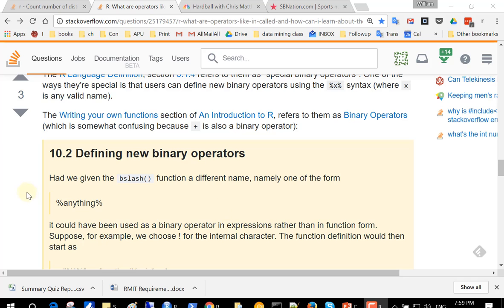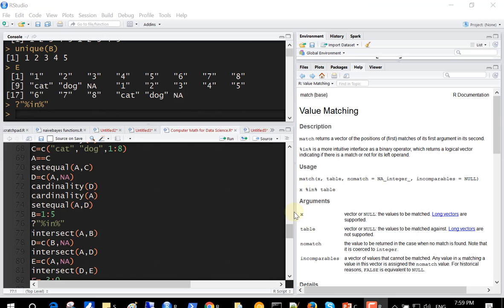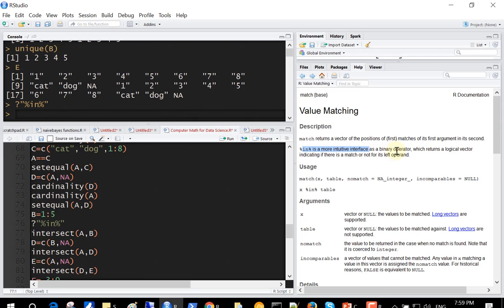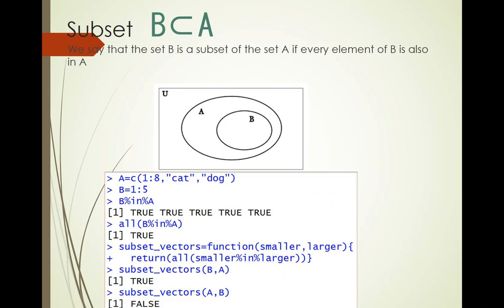So anyway, it's basically the same thing as the match function. And it says this is a more intuitive interface as it is a binary operator. So what that means, binary operator means you can put one thing on the left of it and one thing on the right of it, which is what we're doing when we look at this. So we have B on the left side and A on the right side.